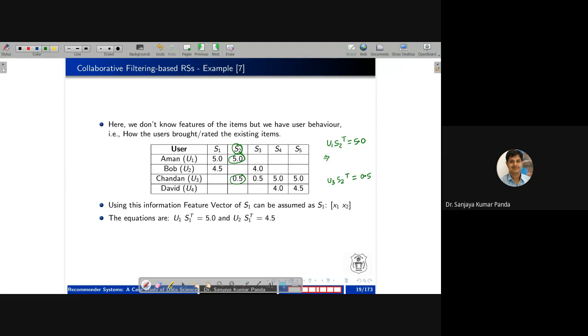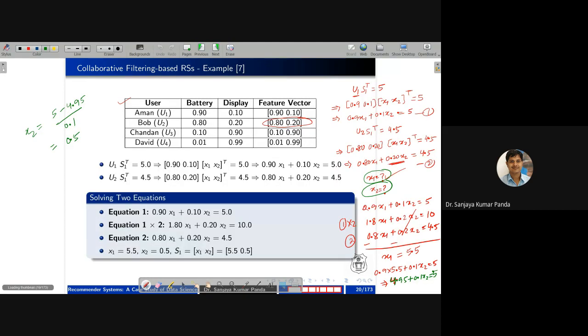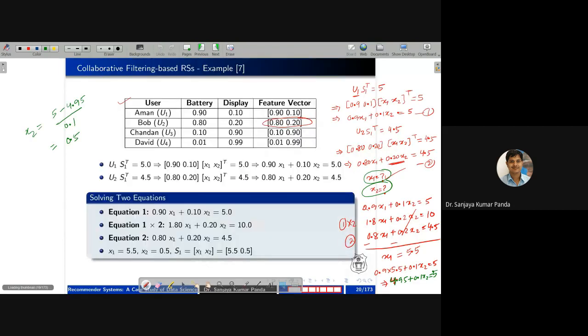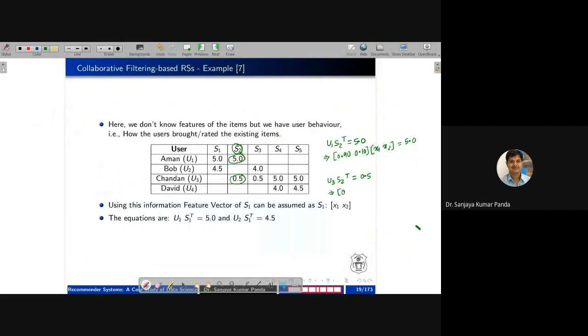So the U1 value is 0.90, 0.10. S2, let us assume, is x1, x2 again, is equal to 5.0. Here, U3 value is 0.10 and 0.90. S2 is x1, x2, is equal to 0.5.